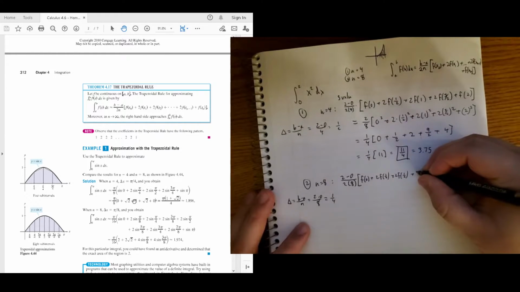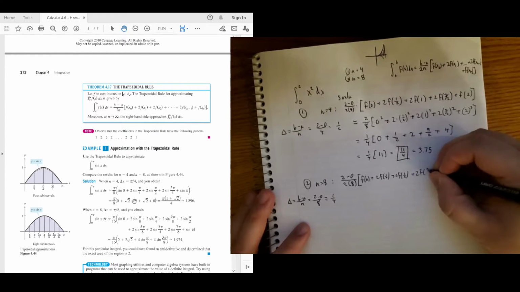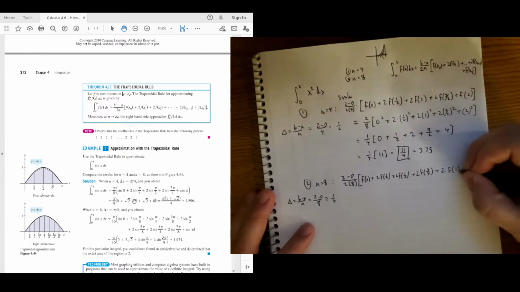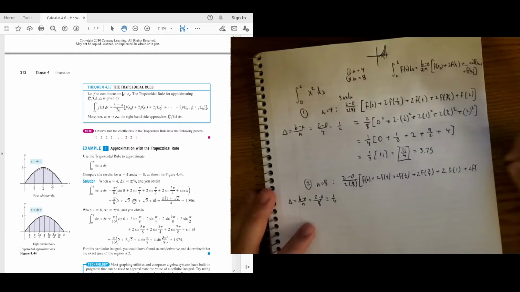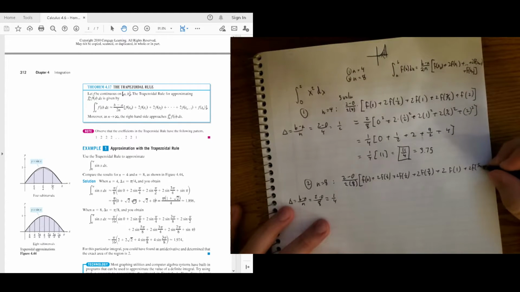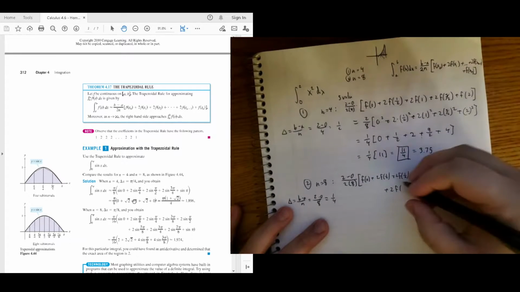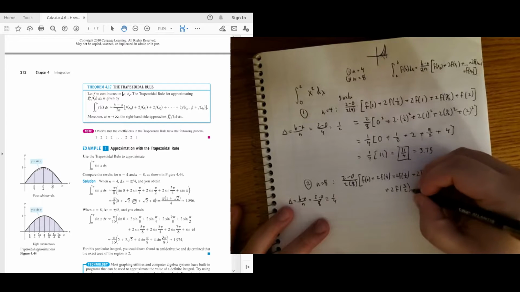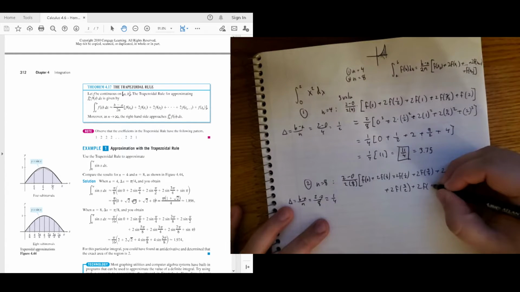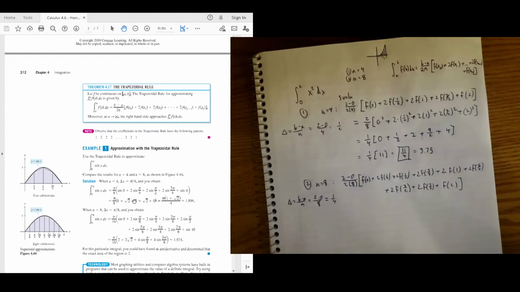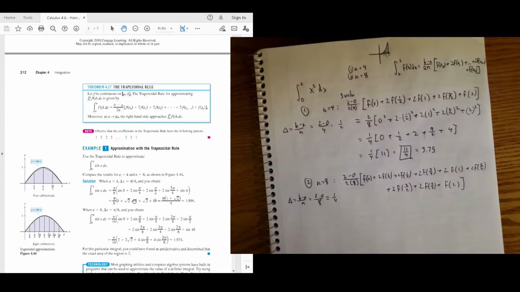Notice each time it's just going up by 1/4. 2 f of 3/4 plus 2 f of 1 plus 2 f of 5/4 plus 2 f of 3/2 plus 2 f of 7/4 plus f of 2. And there's our function. So this is again the trapezoidal rule.